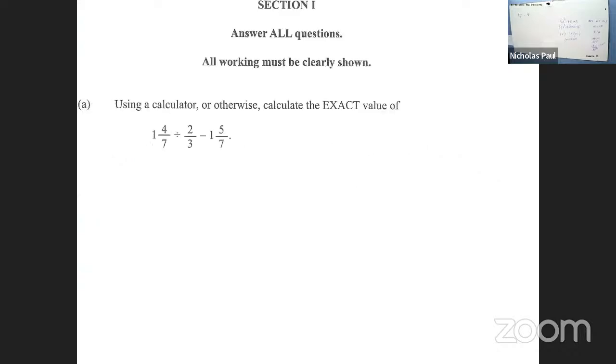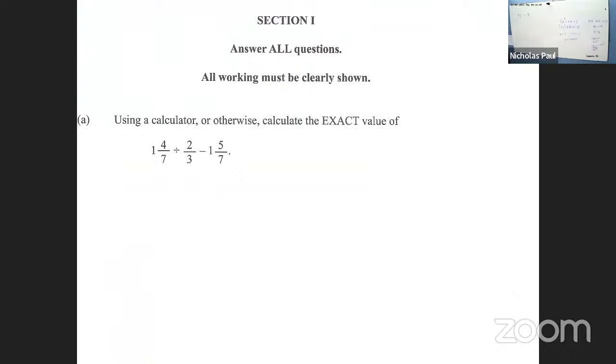So we can put that here. One on 4 7, or you can pay by fraction.